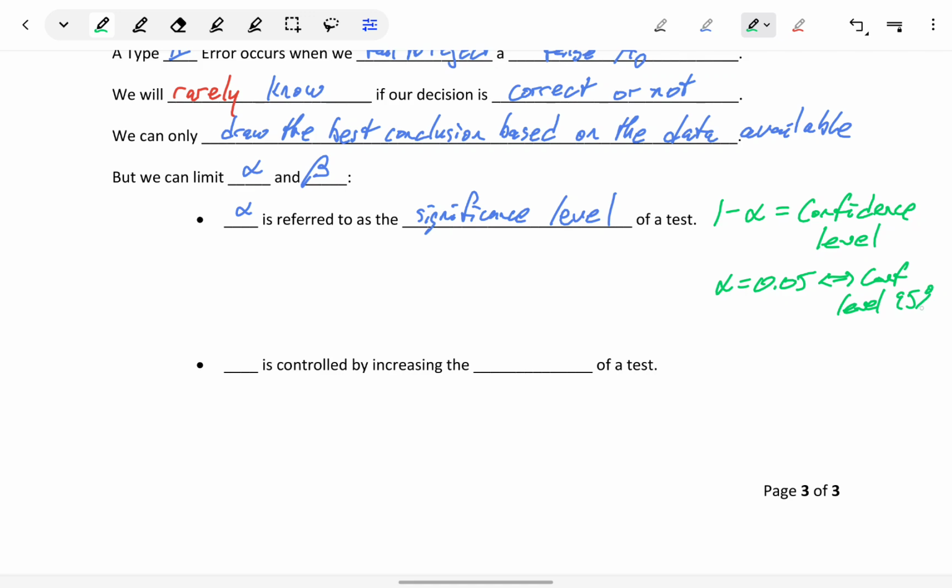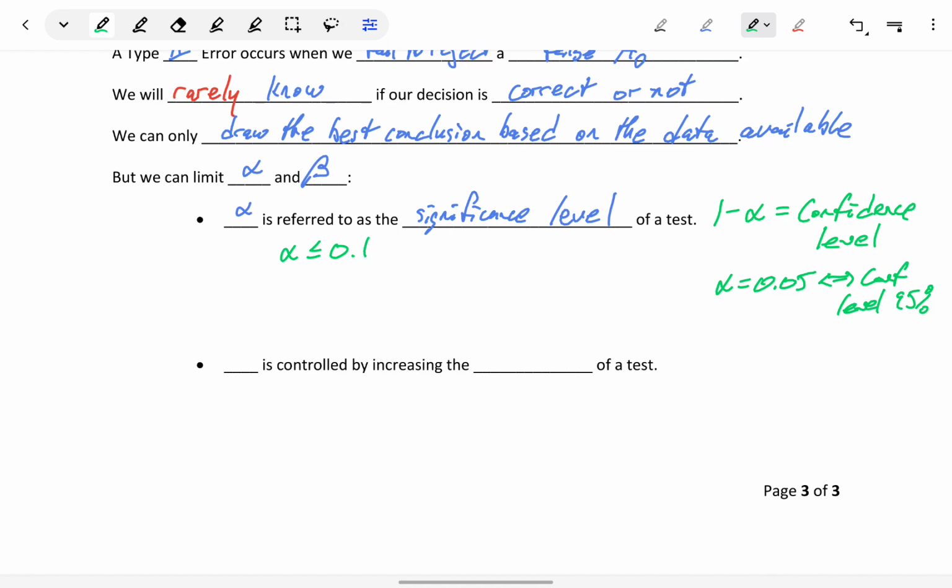The nice thing about alpha is that we just get to choose what it is. There's no restriction on it, really. We tend to place restrictions in that we limit alpha to be less than or equal to 0.1.